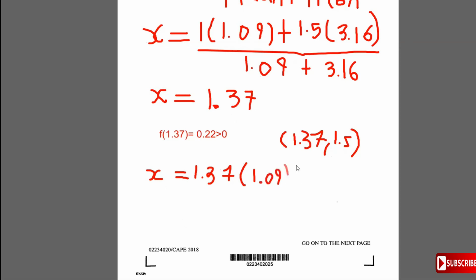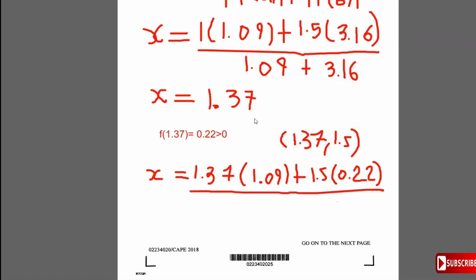plus 1.5 times f of a, which is f of 1.37. F of 1.37 we found is 0.22, divided by 0.22 plus 1.09.